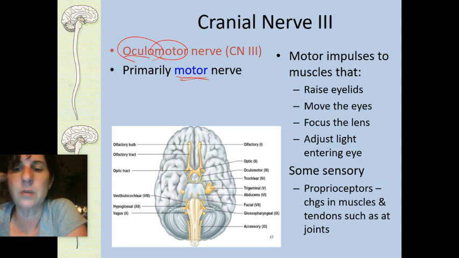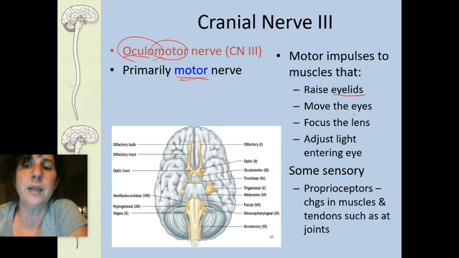So all of the muscles around the eyes, including the eyelids, moving the eyes, also focusing your lens. I have to be able to put things into focus that I see. So that's little muscles that control that focusing of the lens. And that's information coming from this nerve. And then adjust how much light's coming in through the pupil. This is part of that too.